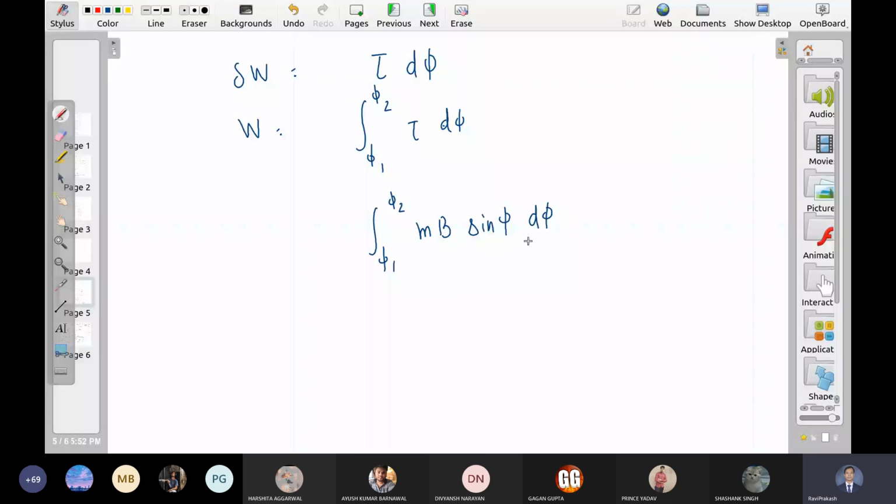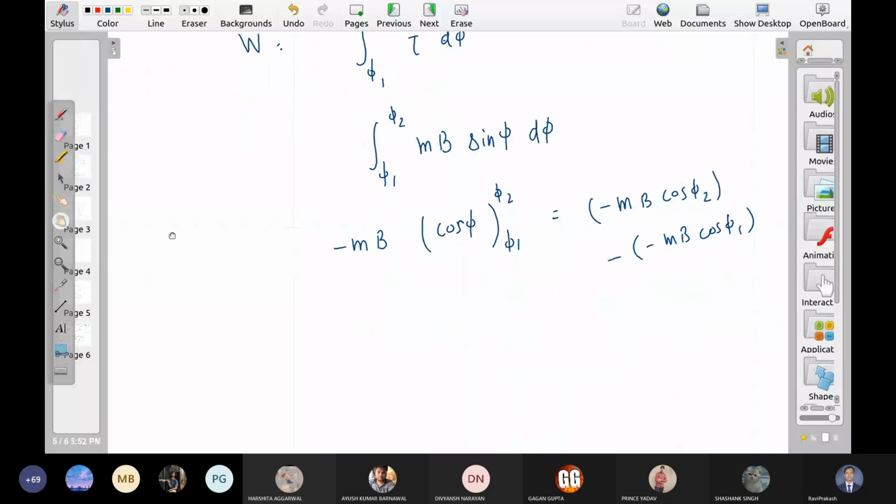Minus mb cos phi, limit φ1 to φ2, is equal to minus mb cos phi 2 minus mb cos phi 1. Okay, or let me say it is equal to W.